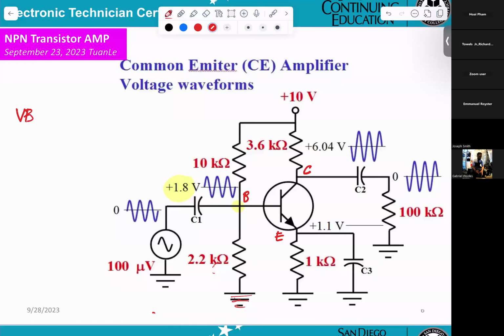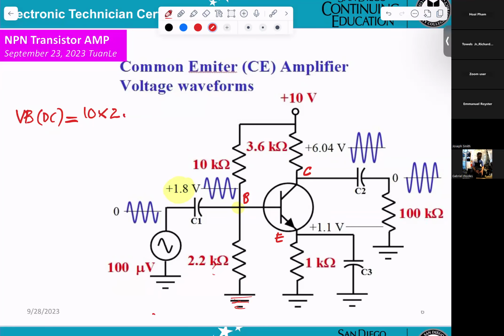VB DC equals 10 times R2, 2.2K, divided by 10K plus 2.2K. That you get 1.8 volt.